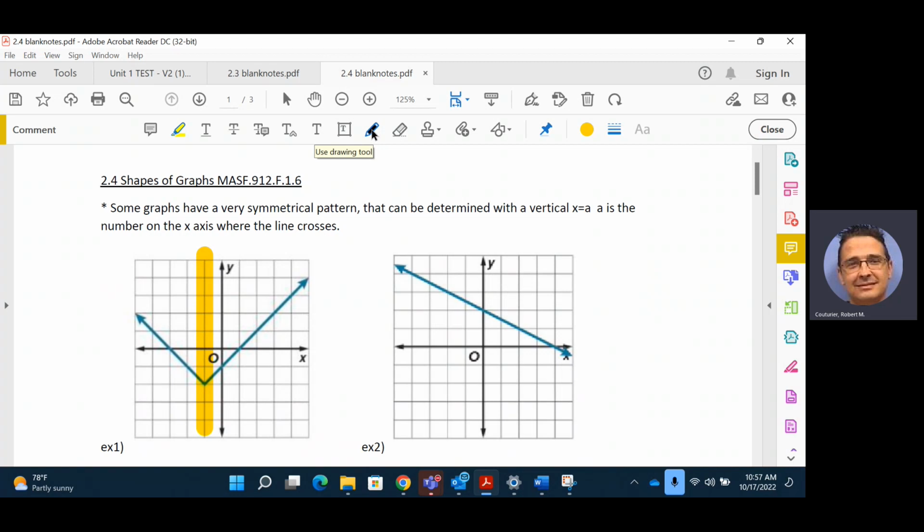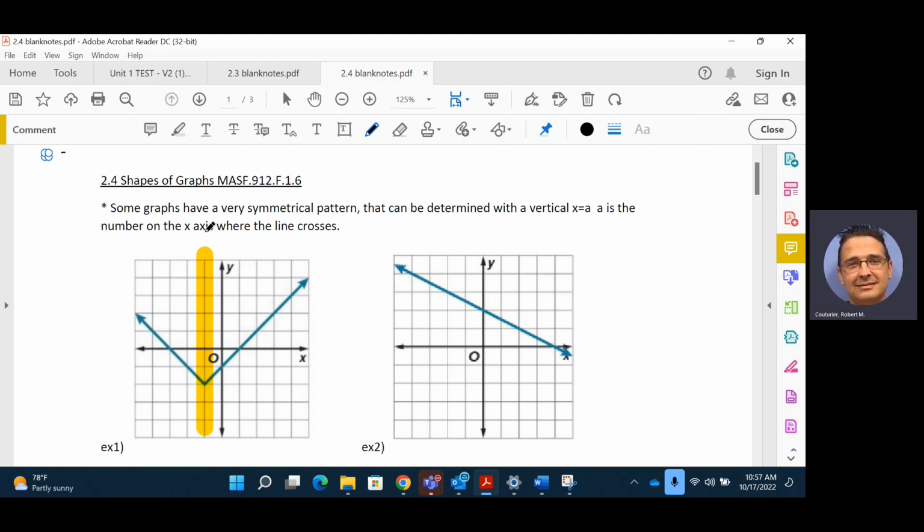If you look at the left-hand side of it, you look at the right-hand side of it, the right-hand side is every point reflected perfectly over this line. This one is 1, 2, 3 from the line, 1, 2, 3 from the line. If you went from here, 1, 2, 3, 4 to the line, 1, 2, 3, 4 to the line, and that's all the graph does on this side. So yes, this absolutely is a line of symmetry.